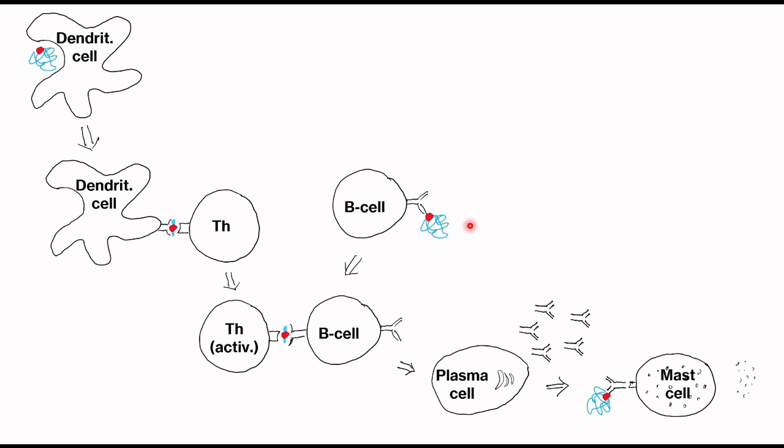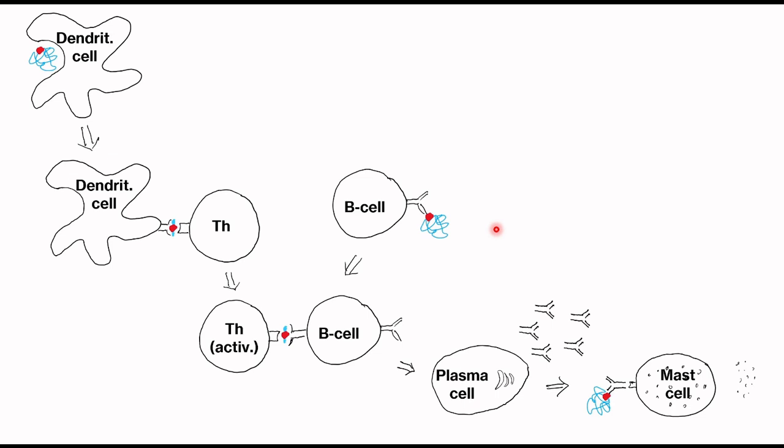An important term to know here is hapten. A hapten is a substance that can be immunogenic, but only if it's bound to a protein. It only becomes immunogenic if it's bound to another protein. This is a mechanism that we often use for vaccinations, for example.